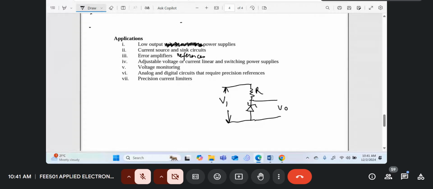So this is also a shunt regulator. Here V0 is actually VZ. So all we are doing is using the characteristics of a Zener and biasing it at a particular current, say this current over here.